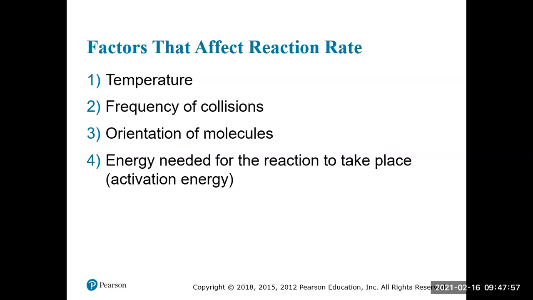Temperature factors in also, because you can think of that as helping increase the energy. The energy needed for the reaction to take place has a specific name, and that's called the activation energy. When we talk about the catalyst, we'll see how catalysts impact that activation energy. But the activation energy is really the amount of energy it takes to make the whole reaction go. And it's usually tied back to some step in the reaction mechanism that's the most difficult one to accomplish.